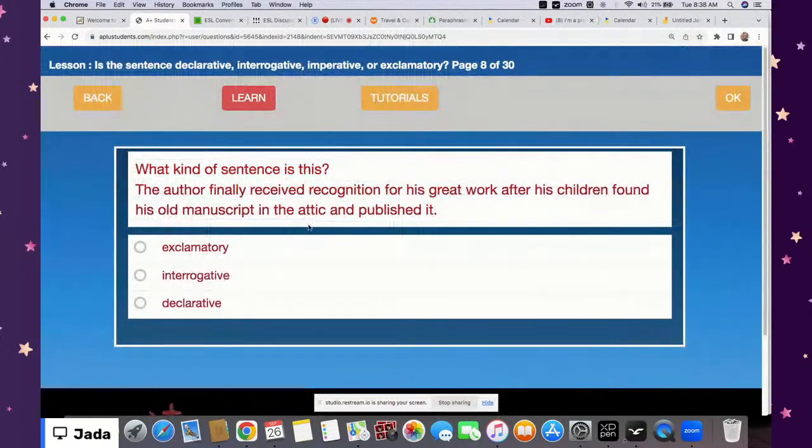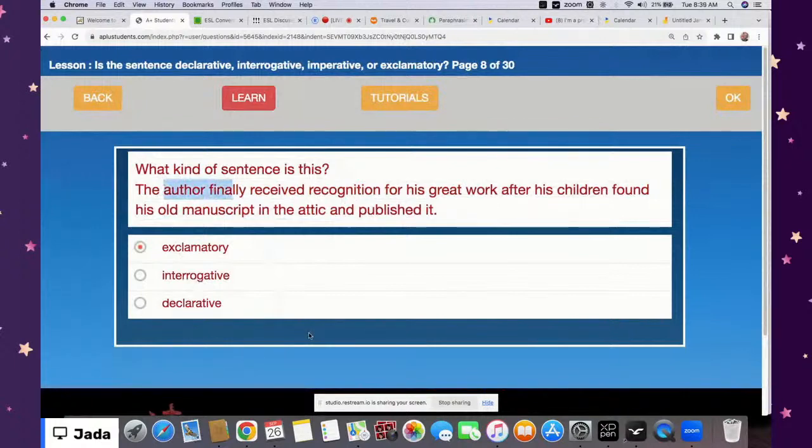All right. So we have the author finally received recognition for his great work after his children found his old manuscript in the attic and published it. So now this one is gonna be exclamatory, interrogative, or declarative. This will be the last question that we answer together.